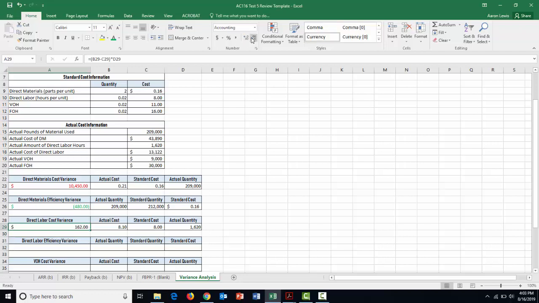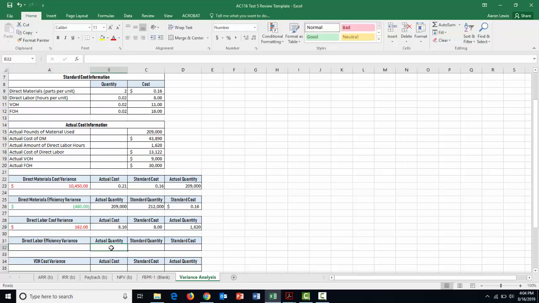Convert that to a dollar sign. We spent $8.10 per hour on labor. We planned to spend $8 per hour, so we spent more on labor than we thought we were going to, which means that this number has to be unfavorable.